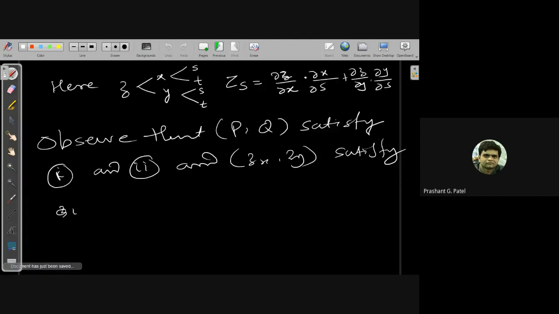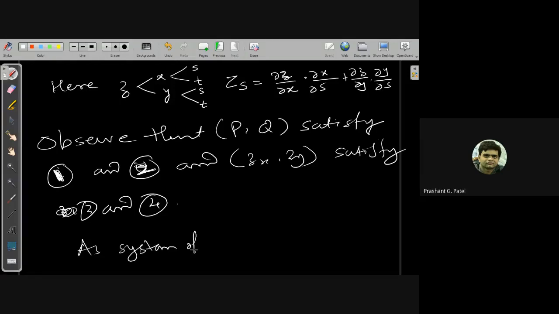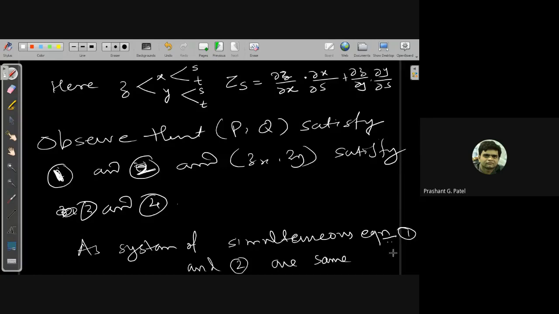So here I have written 1 and 2, 3 and 4, as a system of simultaneous equations. Equations 1 and 2 are the same as 3 and 4.